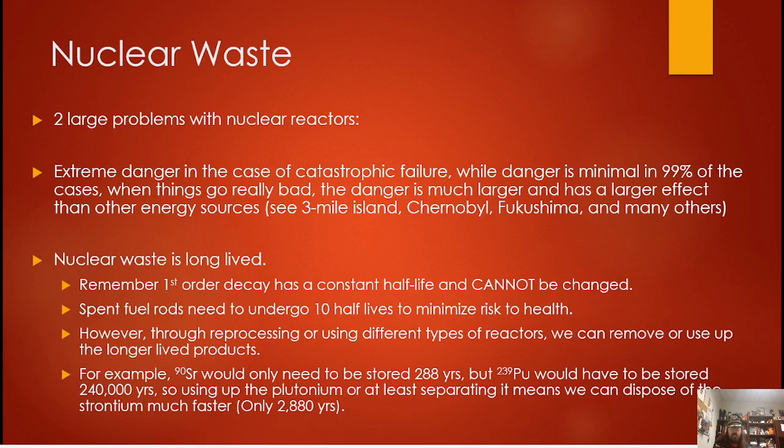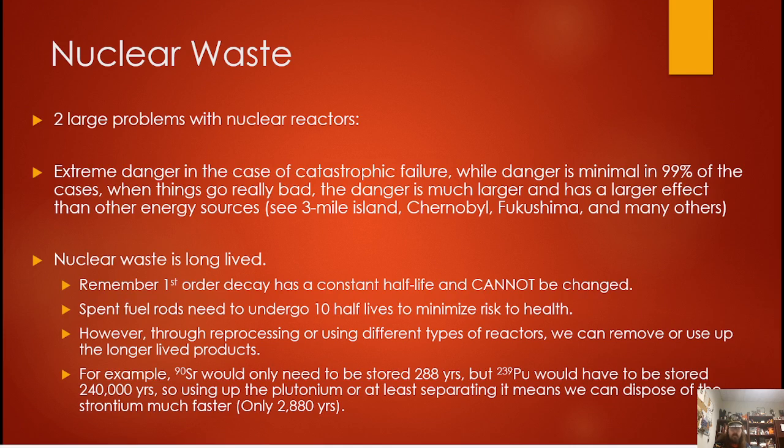Now, sometimes you can separate these guys out. Like strontium-90 is one byproduct of it. It only needs to be stored for 288 years. If we got plutonium out of it, this needs to be stored for 240,000 years.